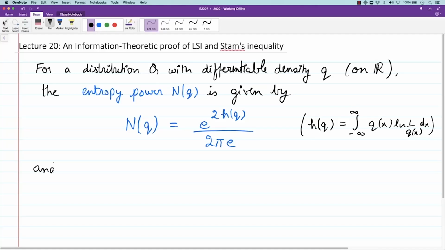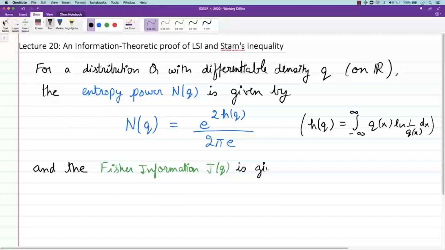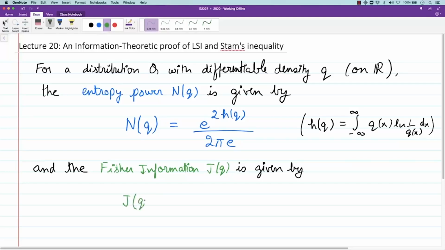And the Fisher information J(Q), this quantity is given by the following.